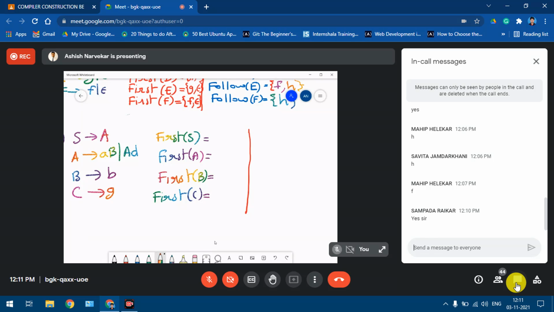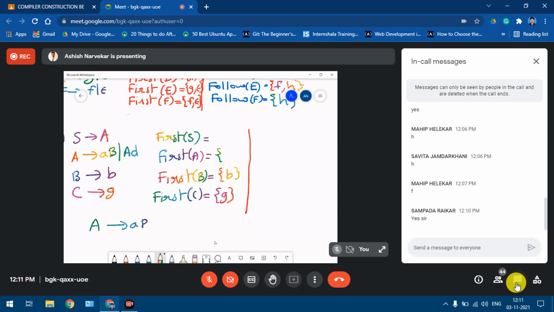So first of C is G, first of B is equal to b, first of A is equal to what? First of A is equal to what? Can someone tell me? The grammar is simple, but again there is a twist in this problem. I'll rewrite the production over here.